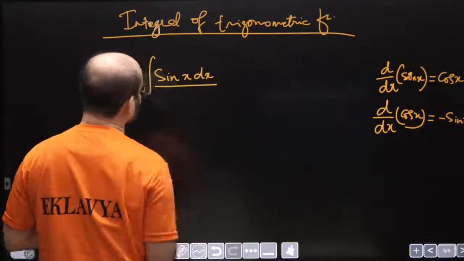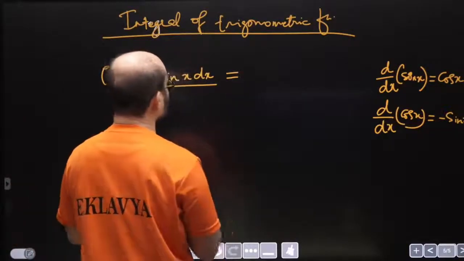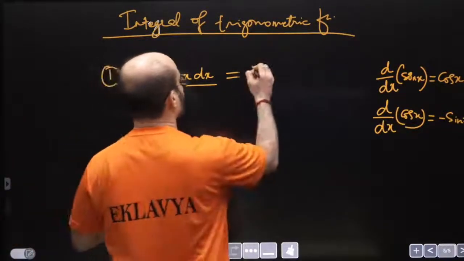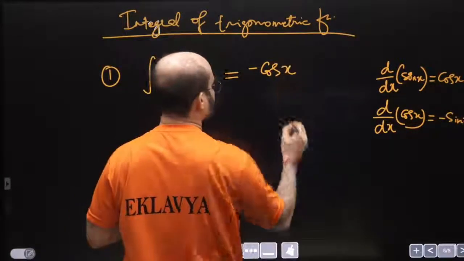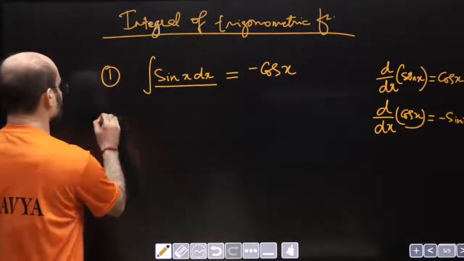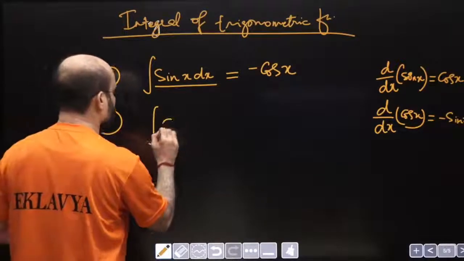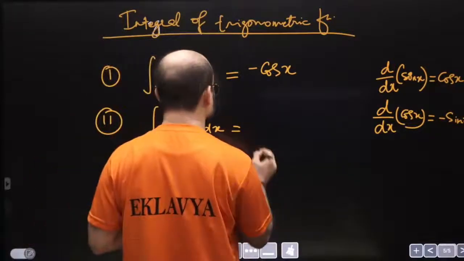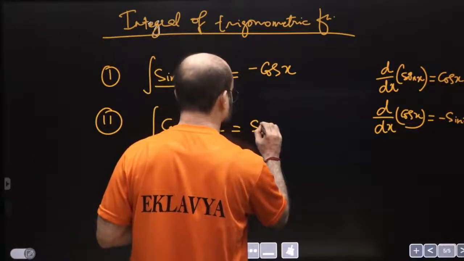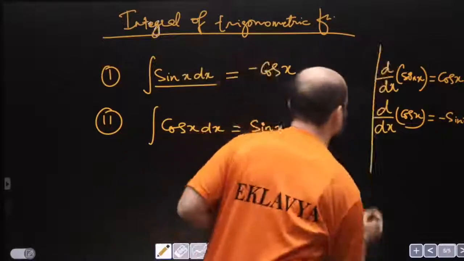So for sine x dx you will have minus cos x, right? Okay. Now for cos x dx, integral of this will be what? Plus sine x. Okay.